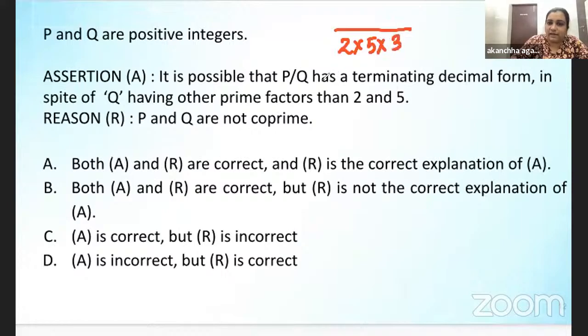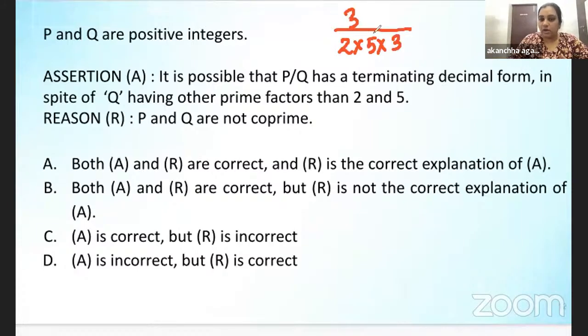So do you think it is possible? Yes, it is possible if in the numerator we have the same factor, right? It is not possible when the given rational number is in the standard form, when the numerator and denominator are co-primes.